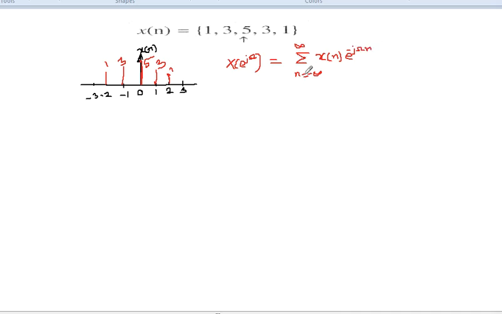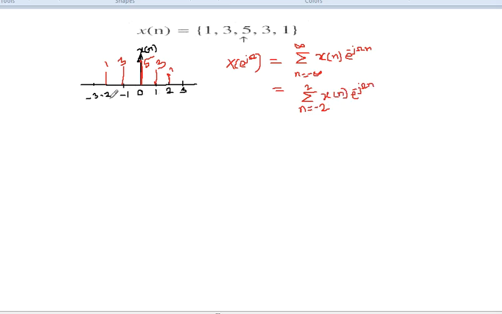Now we know that the signal is not running from -infinity to +infinity. So for this problem it is from n is equal to -2 to +2, x of n e raised to minus j omega n. So now we need to go on substituting the values of n.